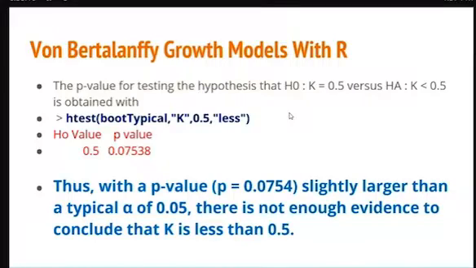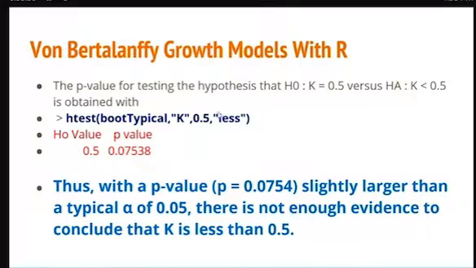Under the null hypothesis, K equals 0.5. In fishery ecology, they may have a particular threshold for K, and maybe the threshold is 0.5. They basically want to test whether it's less than that.